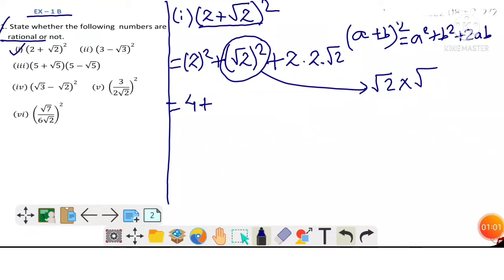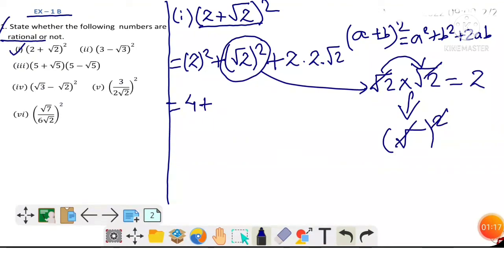root 2 into root 2. So when we multiply two roots, the root will be cancelled and it will remain only 2. Or you can say that the square will cancel the root and the remaining will be the number inside the root, that is 2.